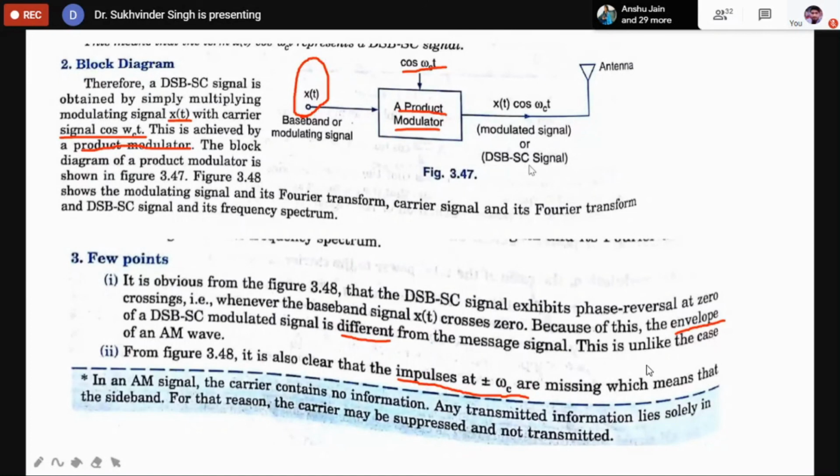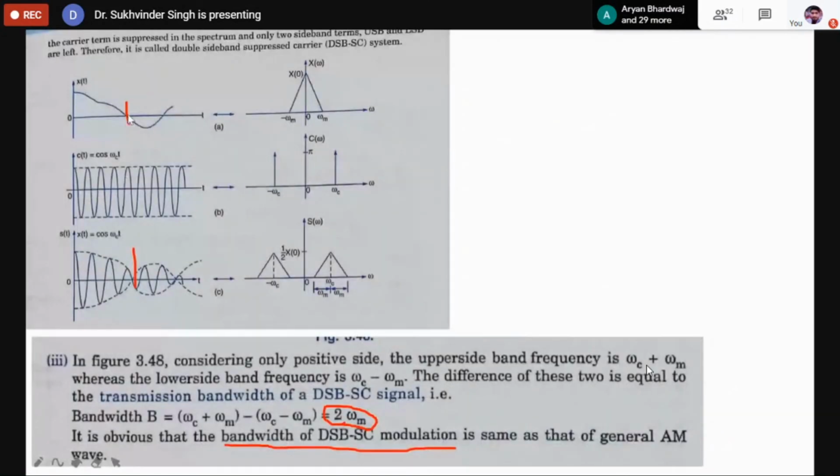Now a few points related to double sideband suppressed carrier: whenever the signal crosses zero, the envelope will change its shape. You can see here the red line, the modulating signal is changing at this zero. At this point, the modulating signal is also changing its shape.